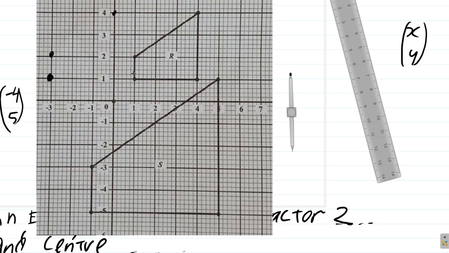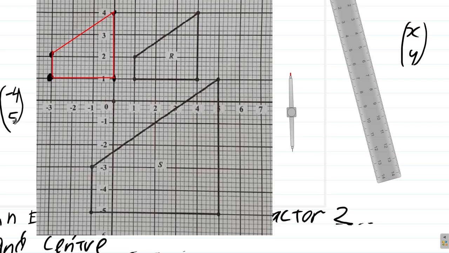And 1, 2, 3, 4 to the left. Alright, so the outline of what you would have here so far would be this.